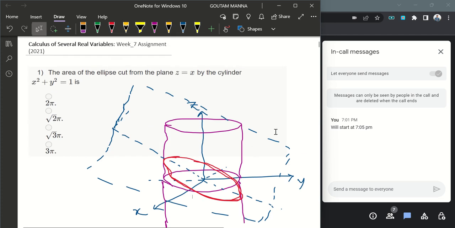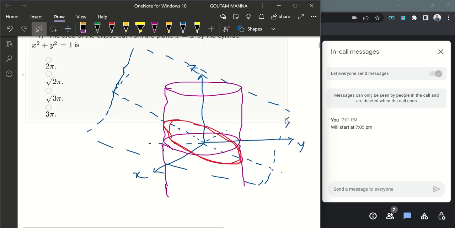So basically we are asked to find out the area of this elliptical region.